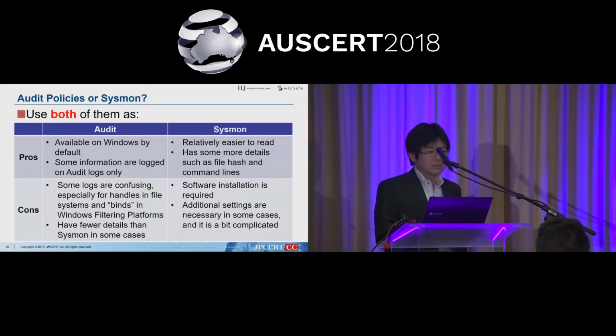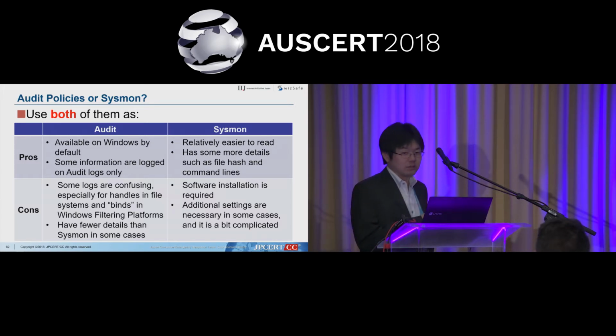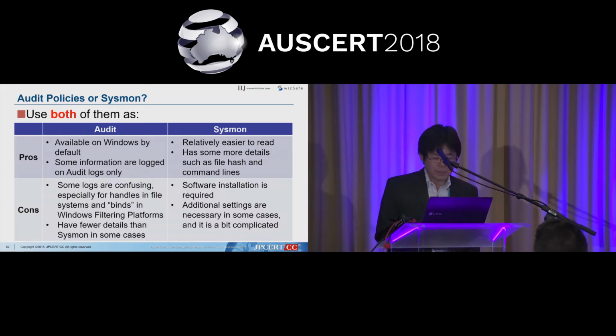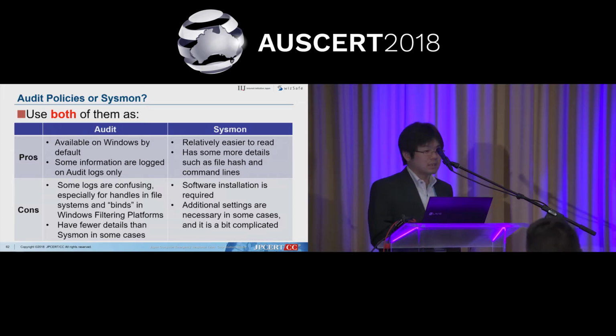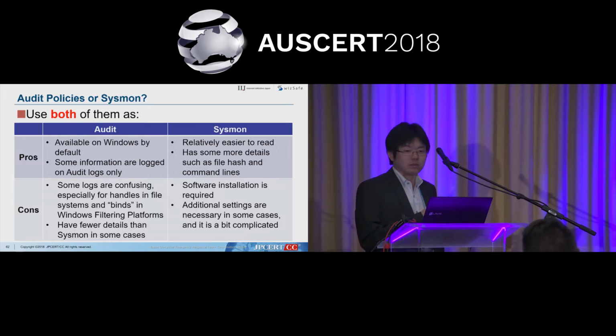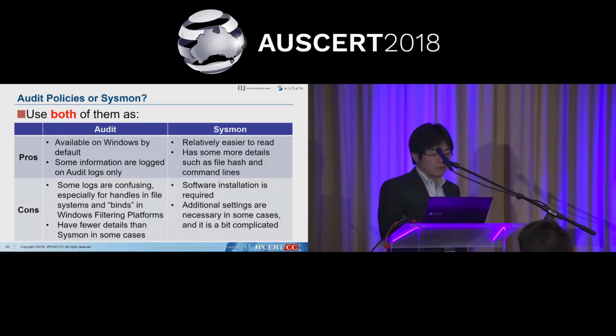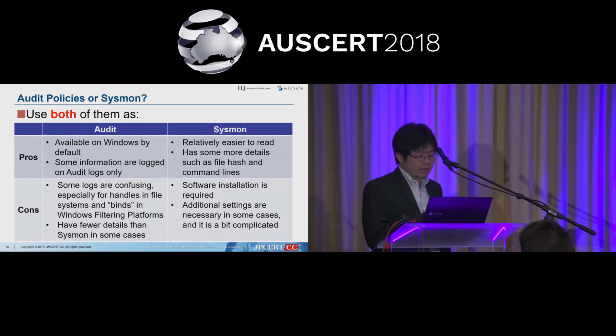Why is that? Because there are both pros and cons to using audit policies and Sysmon. The pros of using the audit policy are that it's available on Windows by default, and some information is logged in audit logs only. The cons are, first, some logs are confusing.